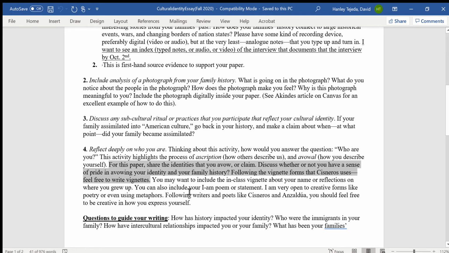I'm open to that. You may want to include the in-class vignette about your name or reflections of where you grew up. You can also include your I am poem or statement, which we'll come to later. I'm very open to creative forms like poetry or even using metaphors. Following poets like Cisneros and Anzaldúa, you should feel free to be creative in how you express yourself. Definitely, this deep reflection can be really creative.